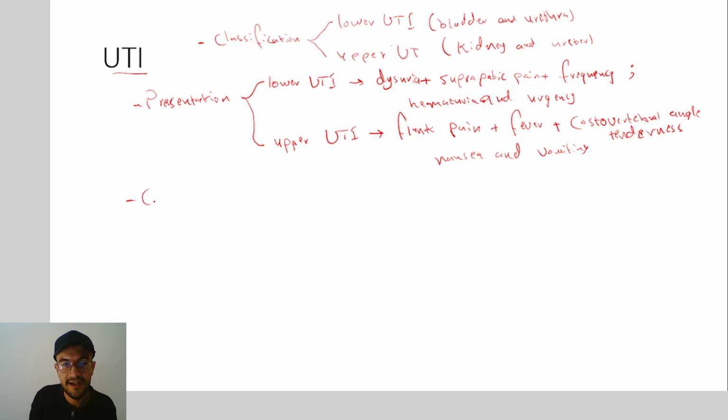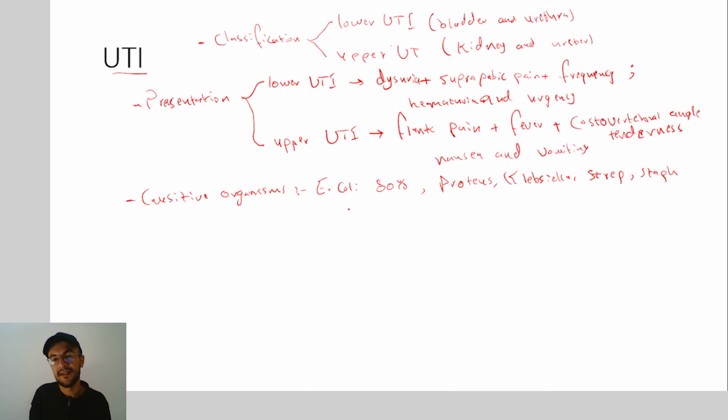Regarding the causative organisms of the UTI, those include E. coli, which is in 80% of cases. We also have Proteus, Klebsiella, and also gram-positives like Strep and Staph.